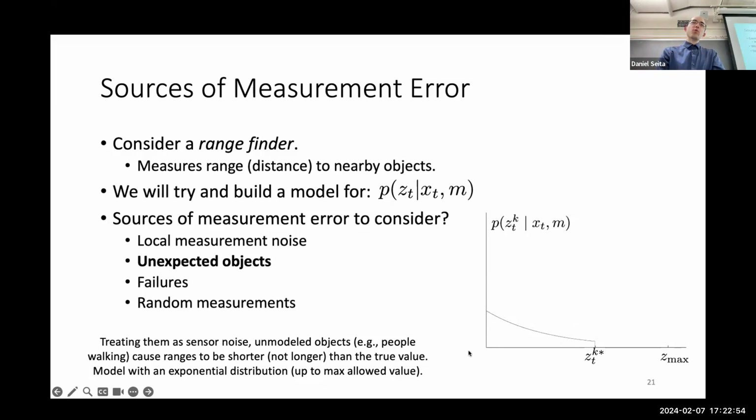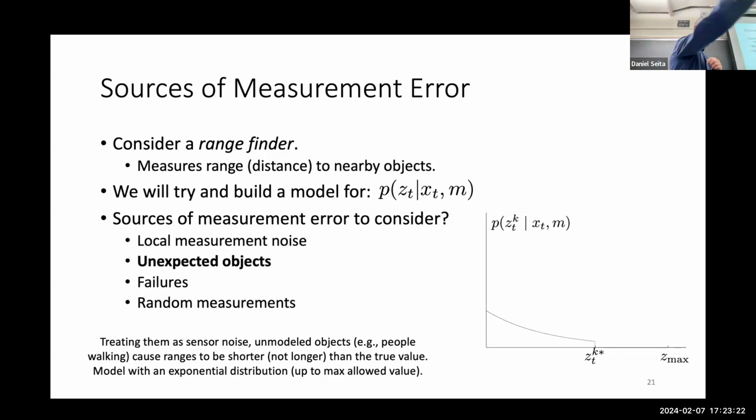And whenever unexpected objects appear behind the thing that we're measuring, what happens? If I'm trying to model the distance from me to this thing, and other people appear behind it, it's not going to change what the sensor gives me, because I'm only measuring the closest thing in some direction.